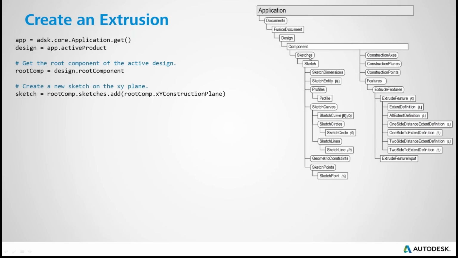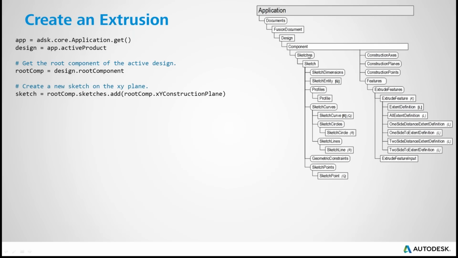Now that gives me the sketches object that you see in the chart. As I said before, the sketches object is a collection. It gives me access to all of the existing sketches in a document, and it also supports ways to create new sketches. That's what this add method is.